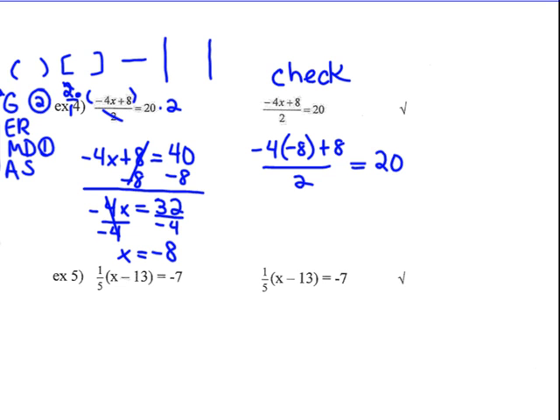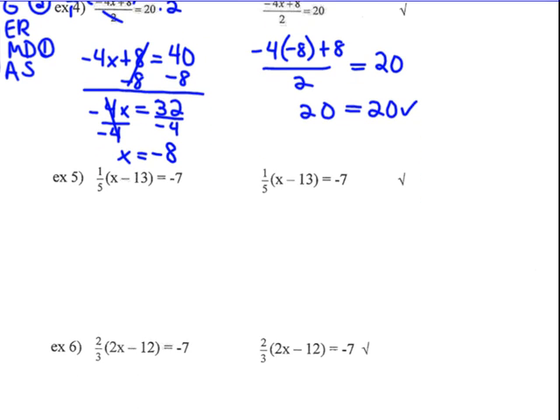Positive 32 plus 8 is 40. 40 divided by 2 is 20. Oh, I do get 20 on this left side. Doing all those operations, negative 4 times negative 8 is positive 32, plus 8 is 40. Then dividing by 2, I get 20. 20 equals 20. Yippee. Tough question.